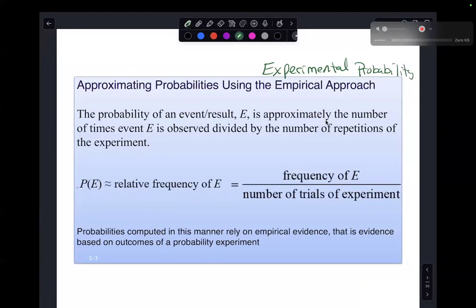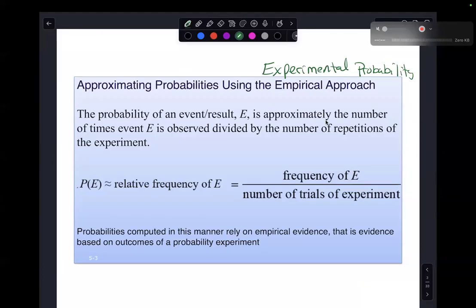I frequently will refer to it as experimental probability because it is the way that I was taught it, and I had never heard it any other way until I started teaching this class. So, the empirical approach and experimental probability are the exact same thing. You are not going to be tested or quizzed on this vocabulary, so don't worry about that.